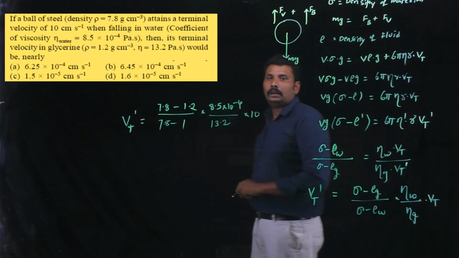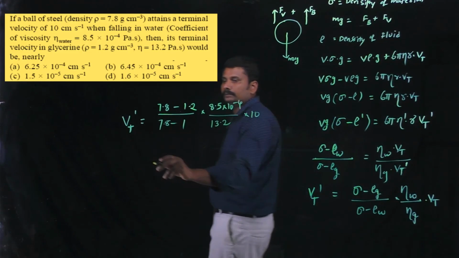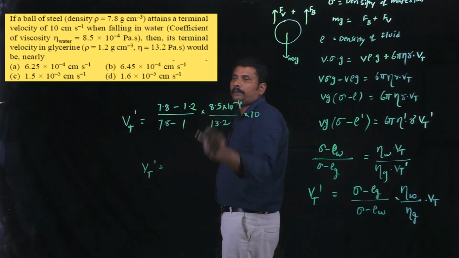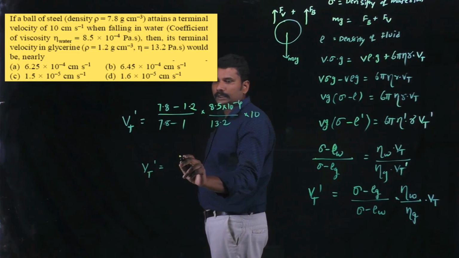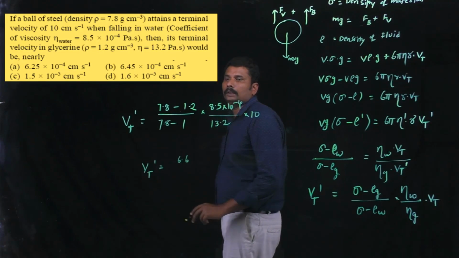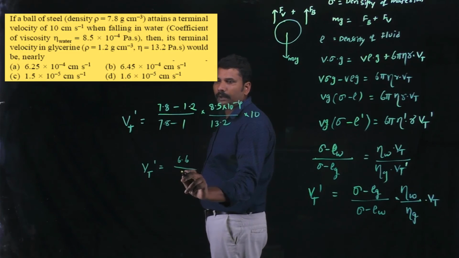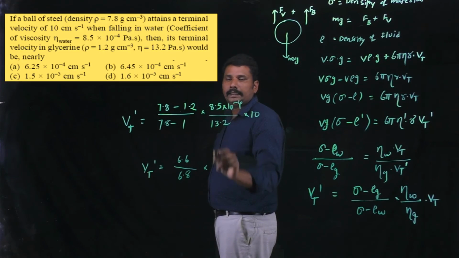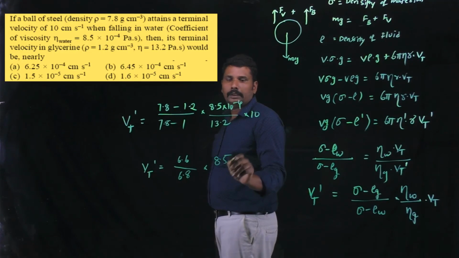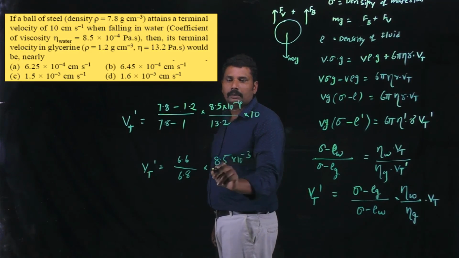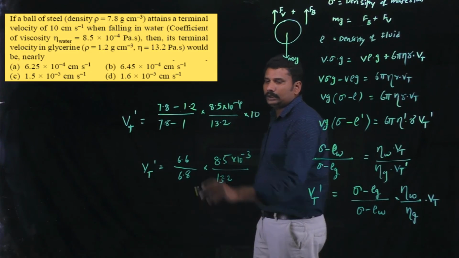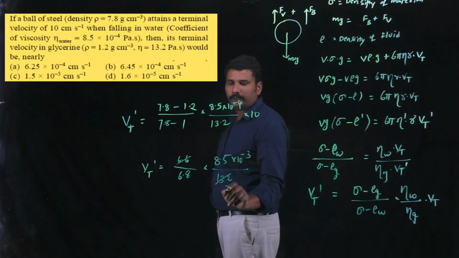Now by solving this, we get 7.8 minus 1.2, which is 6.6, by 6.8, into 8.5 into 10 power minus 3 by 13.2. This is exactly cancelled by 2 times.